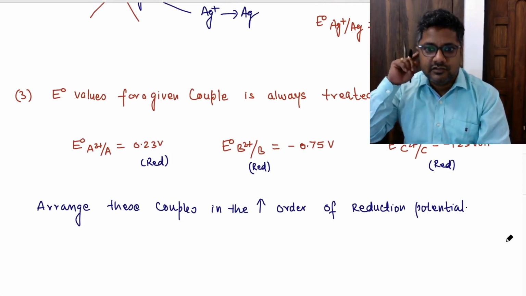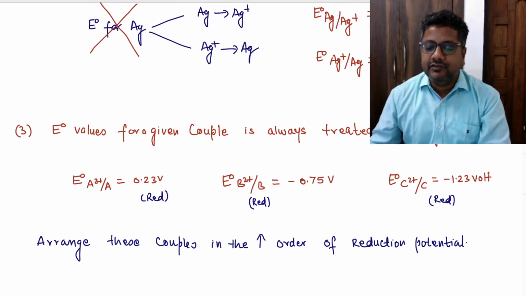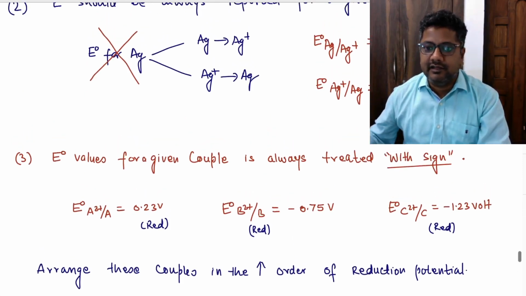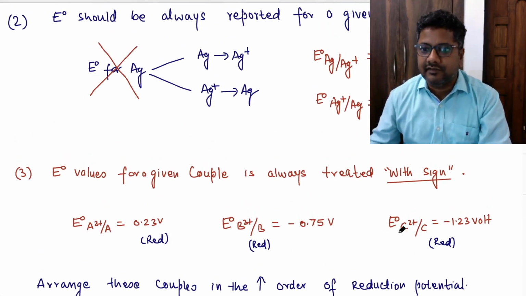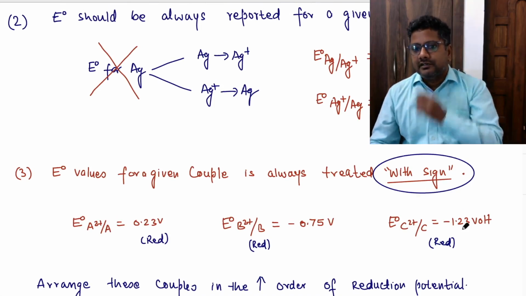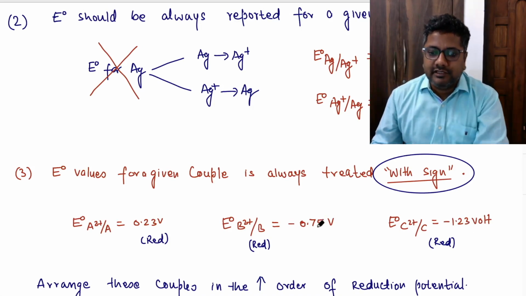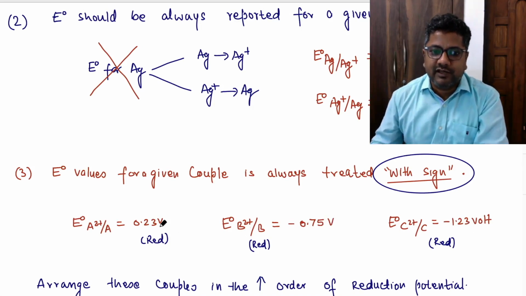Right? So see, these values always you have to consider with sign. This is very important point. Always consider with sign. So this is minus 1.23, this is minus 0.75, this is 0.23.